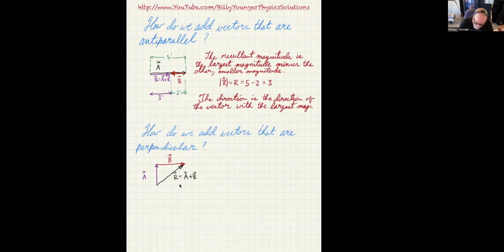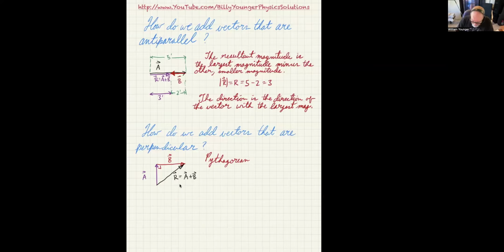Since these two are perpendicular, we have the good fortune that we can find the magnitude using the Pythagorean theorem. If they weren't perpendicular, we couldn't use it, but we can here. Some teachers will require you to know how to use the Pythagorean theorem for conceptual physics, and some don't, but all of them require you to be able to draw the resultant of two vectors added, whether they're perpendicular, parallel, anti-parallel, or at an acute angle to one another.